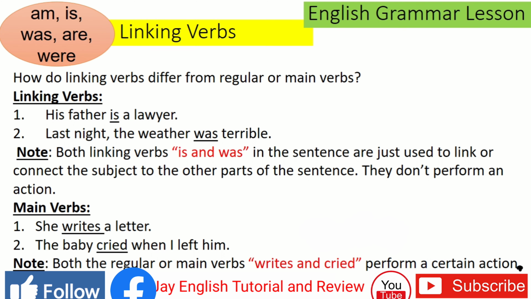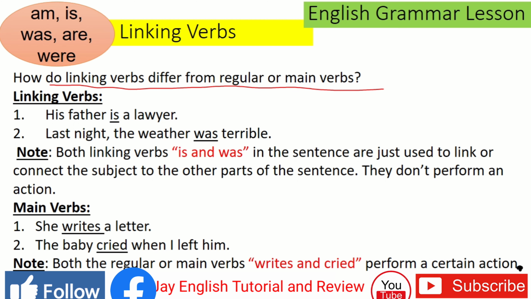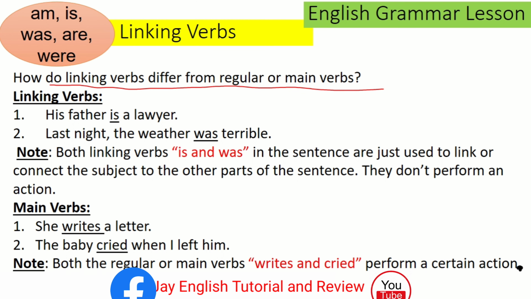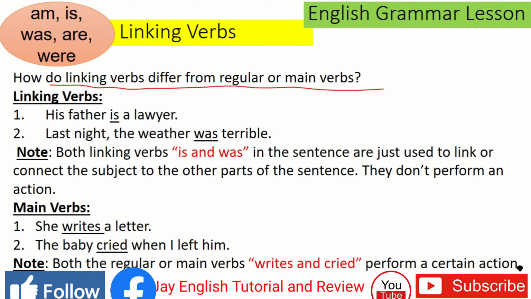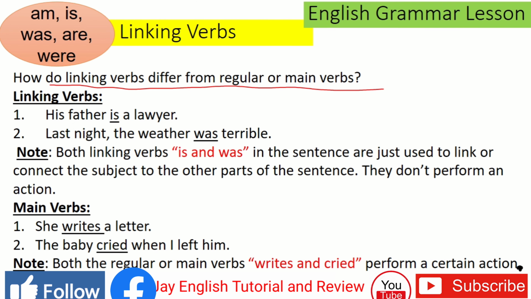Okay? How do linking verbs differ from regular or main verbs? So we have right here two sentences using linking verbs. His father is a lawyer. Last night, the weather was terrible.